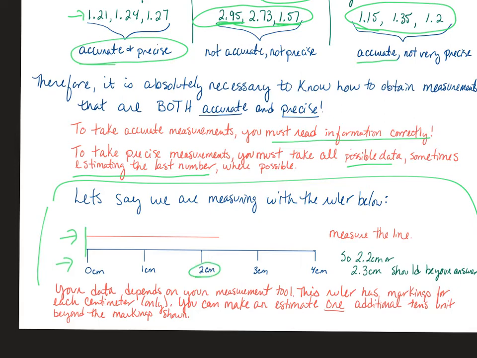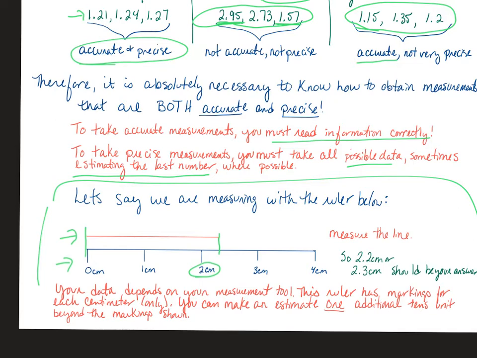Well, I think that you all can tell that you can say a little bit more than just 2 centimeters about this, because here's where my actual line comes to. So what you need to do as an observer that's writing down your measurement is estimate to one more tens digit than what's provided for you by the hash marks.